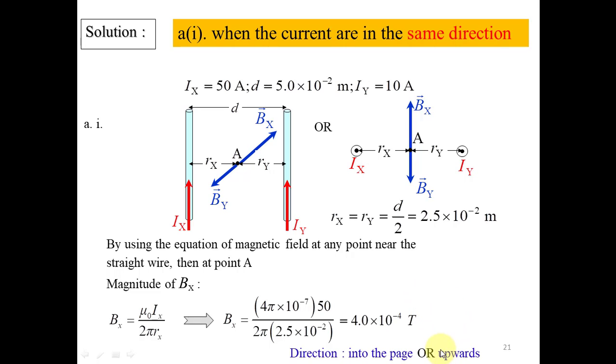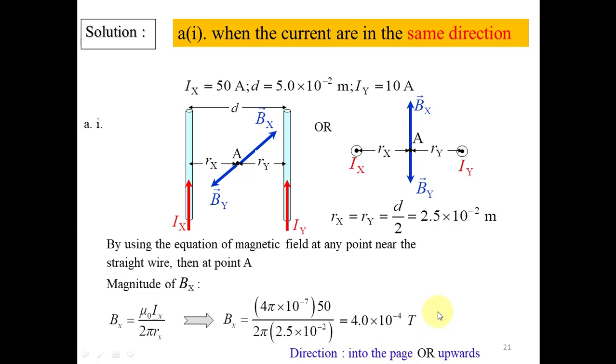So you have to determine whether the direction is into the page or upward. Since it is a vector, when you find the magnetic field, you have to write down the direction.